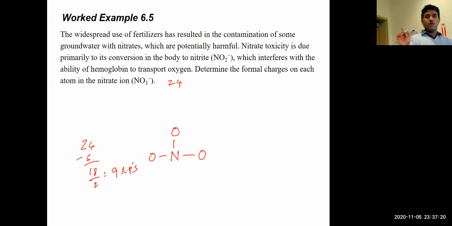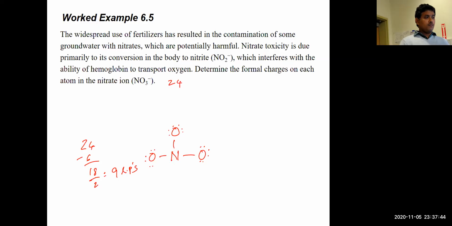I'm going to use those lone pairs to give the octet number of electrons to all the outside elements first. So oxygen has 2 currently, so it needs 3 lone pairs. Same with this oxygen and same with this oxygen. I did 4 steps already, and I don't have any lone pair to give in step 5 because I used all 9 lone pairs.